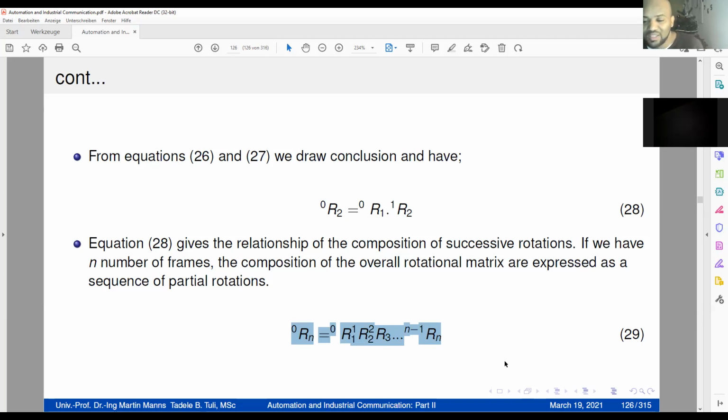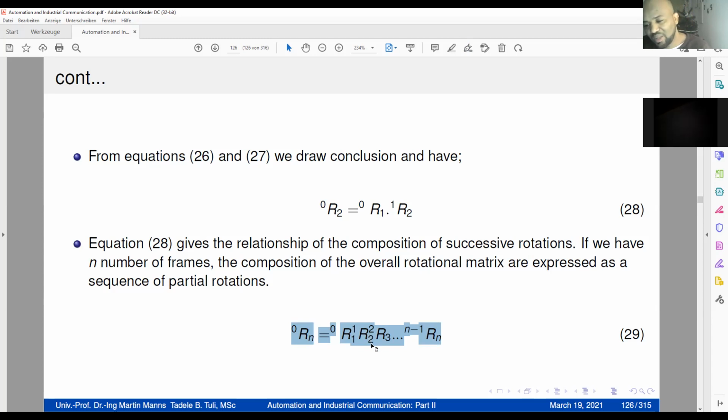And this rotational matrix maps the original orientation to the final orientation. But these matrices have to be multiplied in the sequence of their operation. Otherwise, it will mess up your process or your operation. So it should be sequential, in the order of their operation.